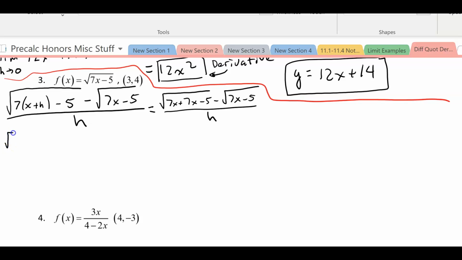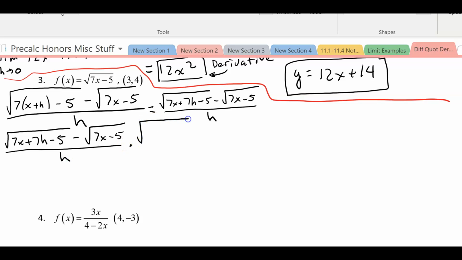Now, in order to simplify this, I'm going to multiply by the conjugate of the numerator. So I've got the square root of 7x plus 7h minus 5 minus the square root of 7x minus 5 over h, and then I'm going to multiply by the conjugate of the numerator.